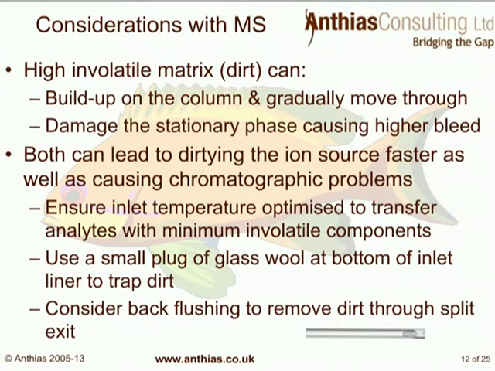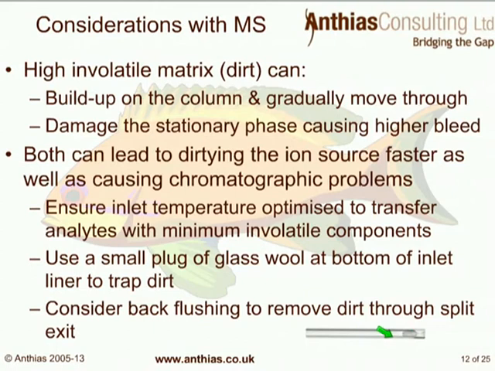We need to make sure that the inlet temperature is optimized to transfer the analytes with the minimum involatile components. So we need to optimize the temperature so it's just hot enough to transfer the least volatile component that we're interested in. We could use a small plug of glass wool, usually around the bottom of the inlet liner, if the column would be here.